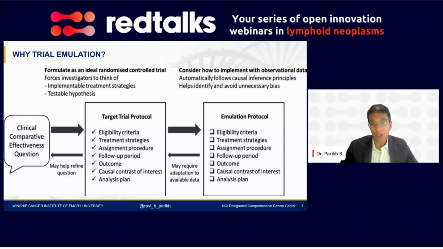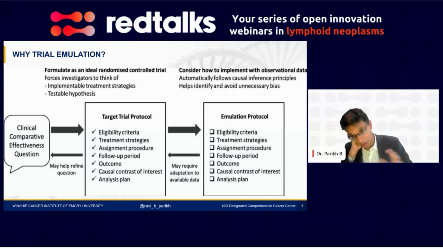And I think the highest quality emulations try to specify exactly that. They come up with a lengthy protocol that specifies all of these elements and have that applied to a real-world data source. I see this as a little bit different than our typical comparative effectiveness study, where we might have a causal question in mind, but we might not go through the steps of stipulating a protocol before we run the study.